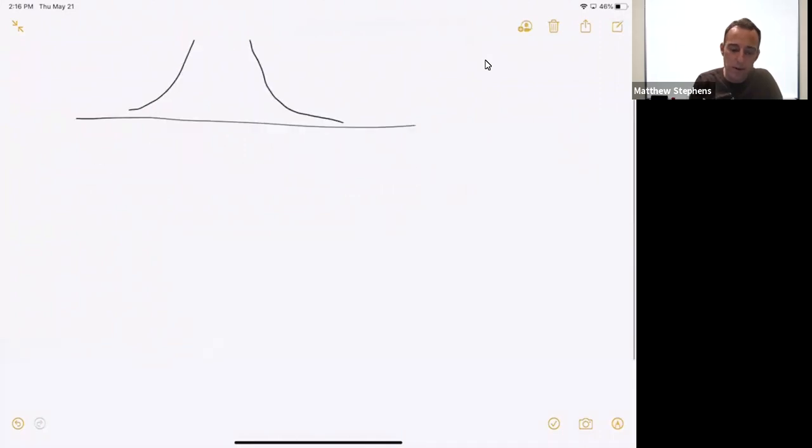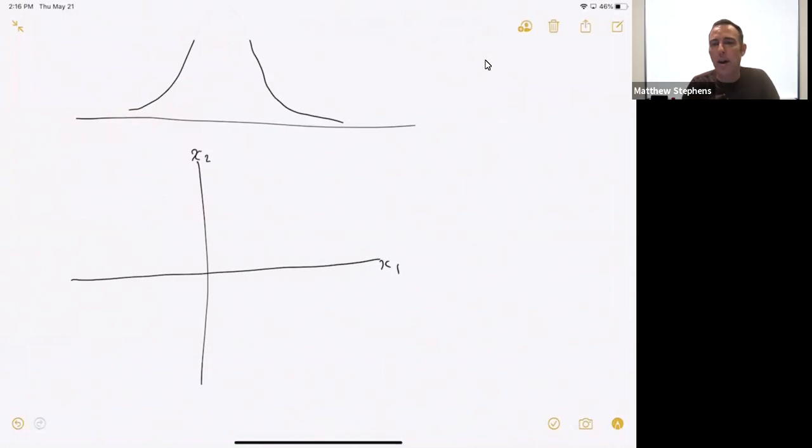But if you haven't, in two dimensions, if this is x1 and x2, and x1 and x2 have a multivariate normal, let's say with mean 0 and some covariance matrix, the density function in this two-dimensional space has elliptical contours.